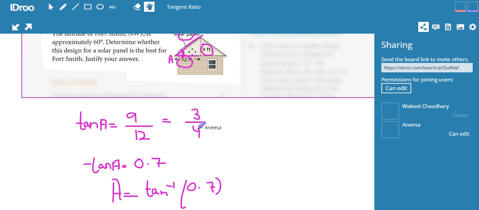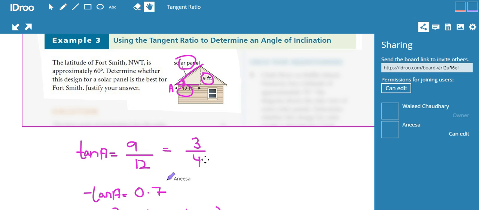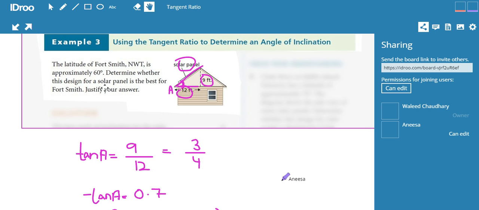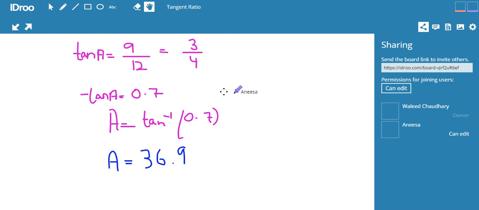If it is not 60 degrees, this means that this doesn't suit this solar panel, as the angles are not equal. The angle mentioned for the latitude is 60 degrees, and as I told you, the angle of latitude is equal to the angle of inclination. So the angles are not equal, and this would not suit the design of the solar panel for Fort Smith.